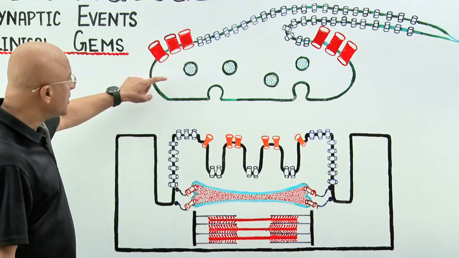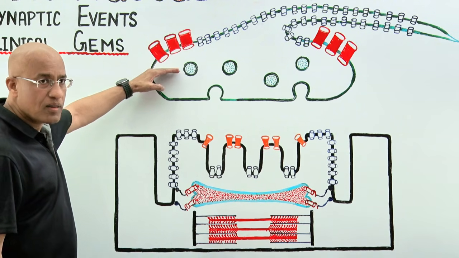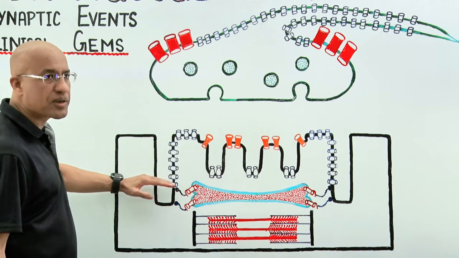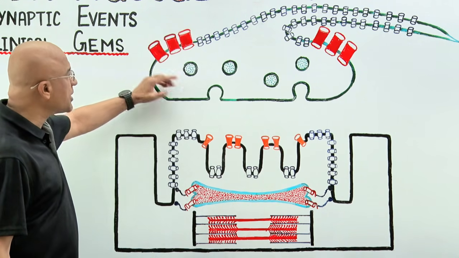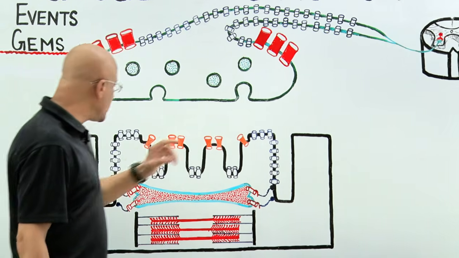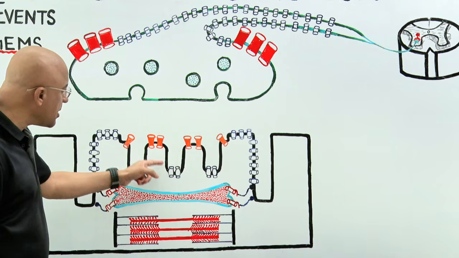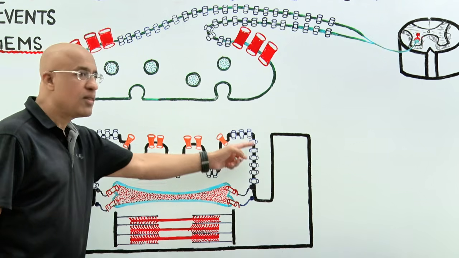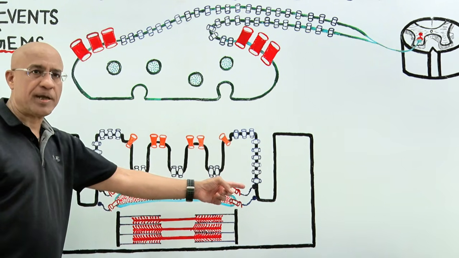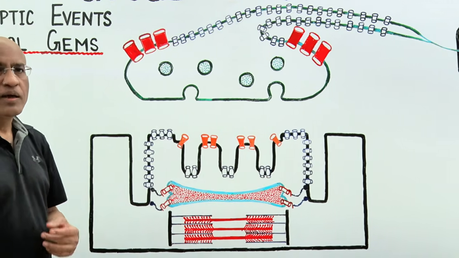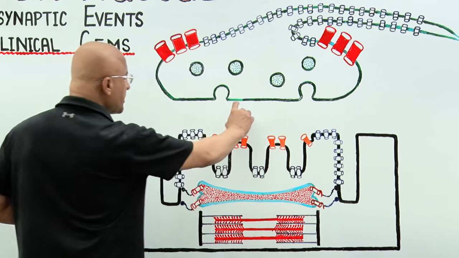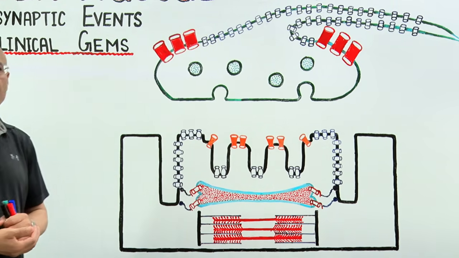As I mentioned, there is a presynaptic region and a postsynaptic region. The presynaptic membrane belongs to the neuron, and this postsynaptic folded membrane belongs to the sarcolemma of the skeletal muscle fiber. The gap in between is called the synaptic cleft.